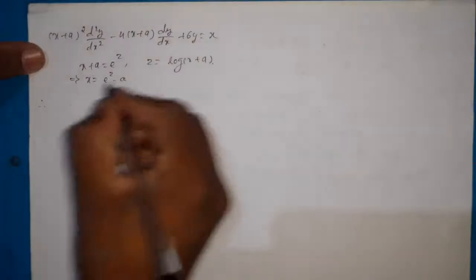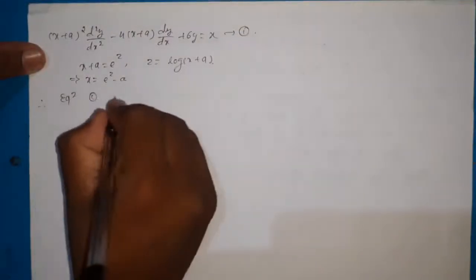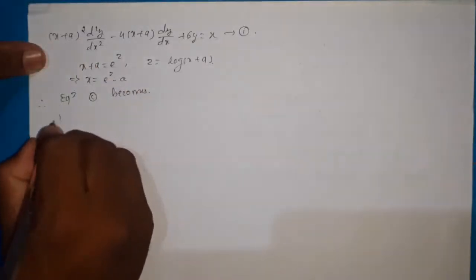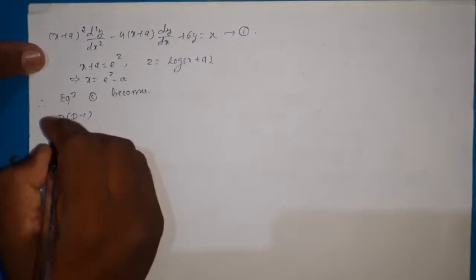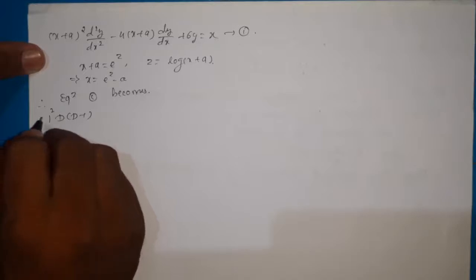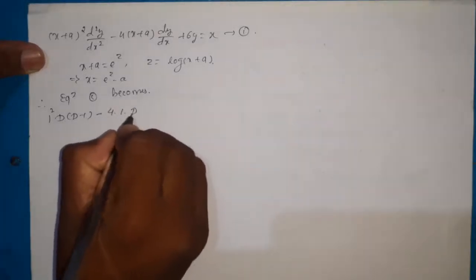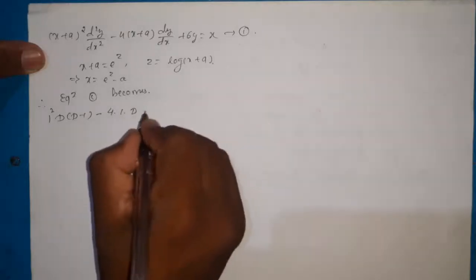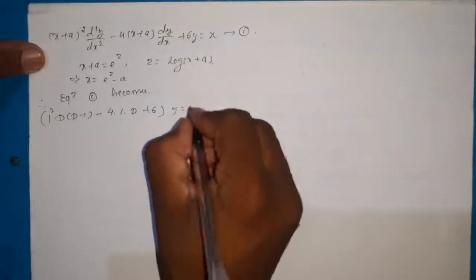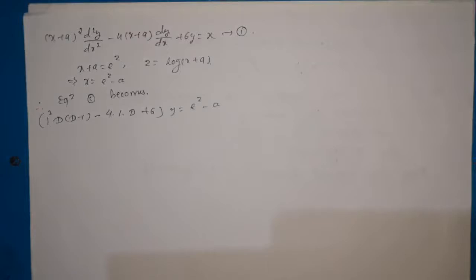So therefore here consider this as equation 1. So therefore equation 1 becomes, here it is d into (d minus 1) into 1 square, right, because b square into (d minus 1) minus 4 into b into d, that is plus 6 into y, and x equal to e power z minus a.